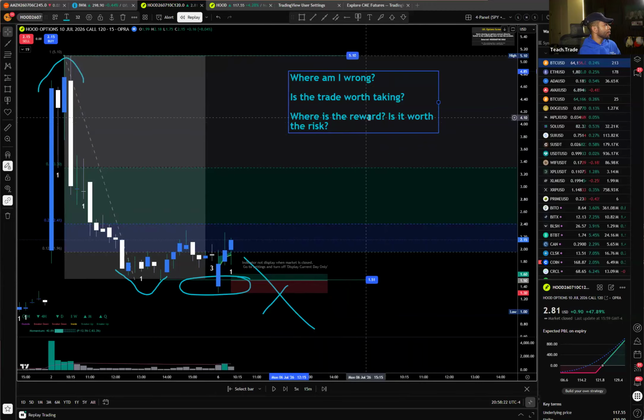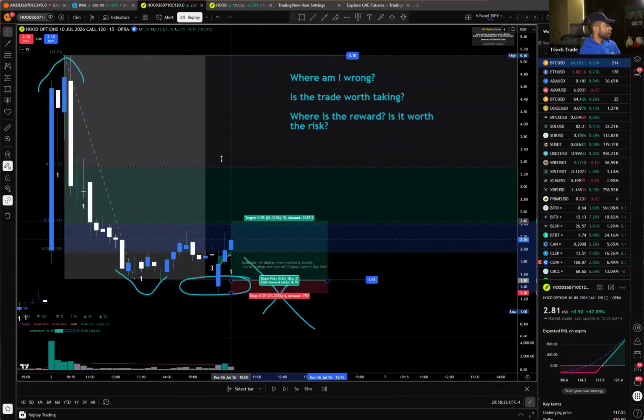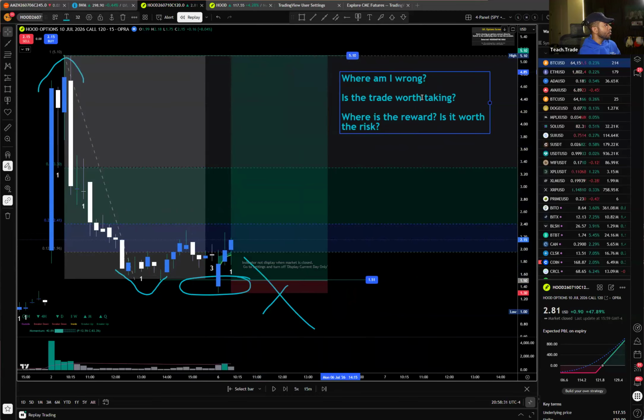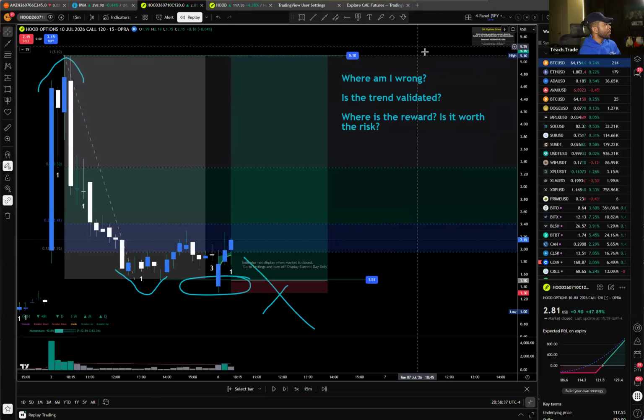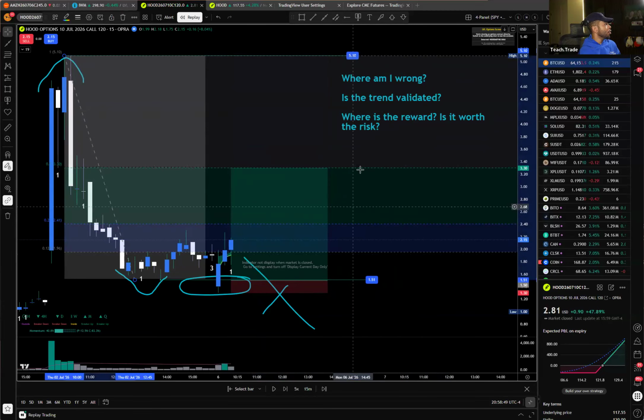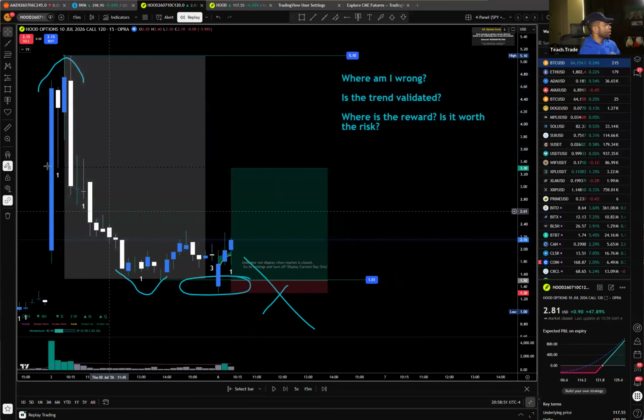Where is the reward, right? And how do we validate the trend here? And let me just correct myself here, more so the trend. All right. And so where the reward is and can be on options contracts, it looks very similar to what it looks like when you're trading on a stock.